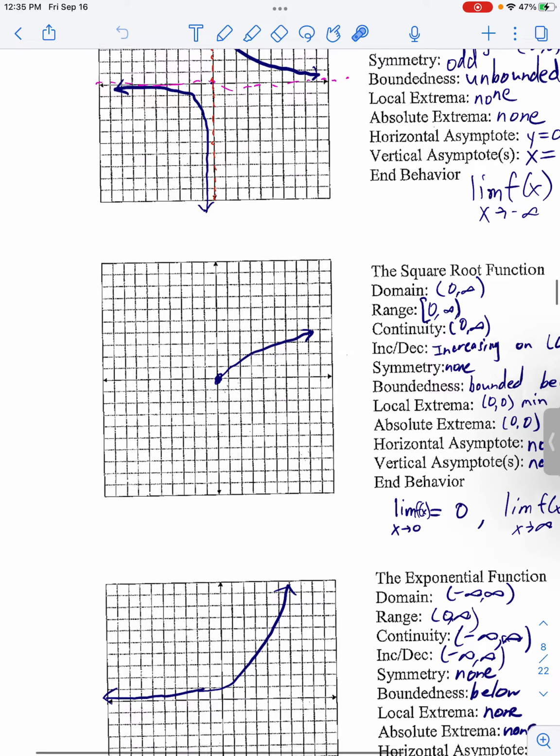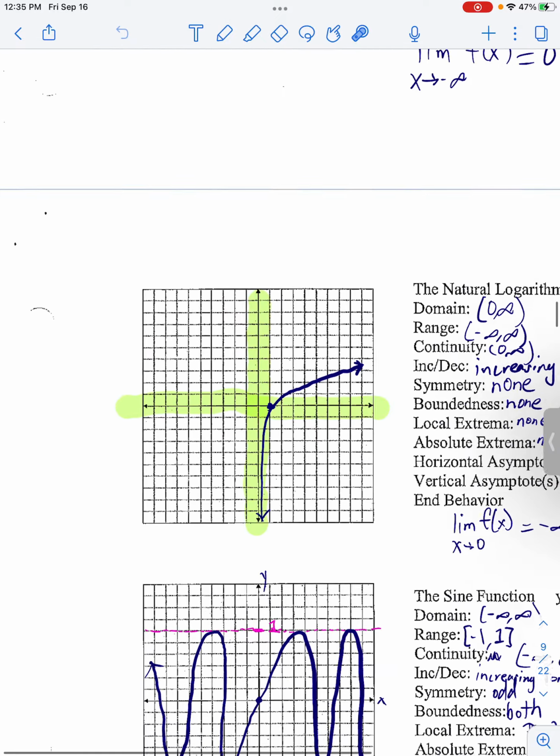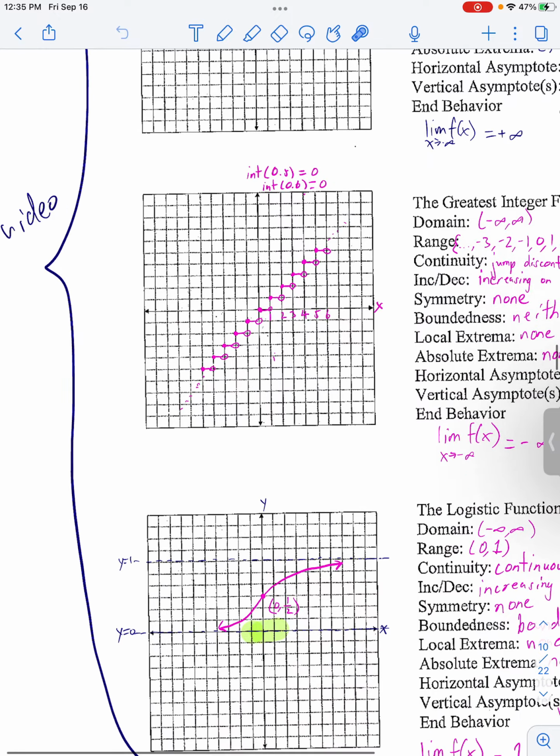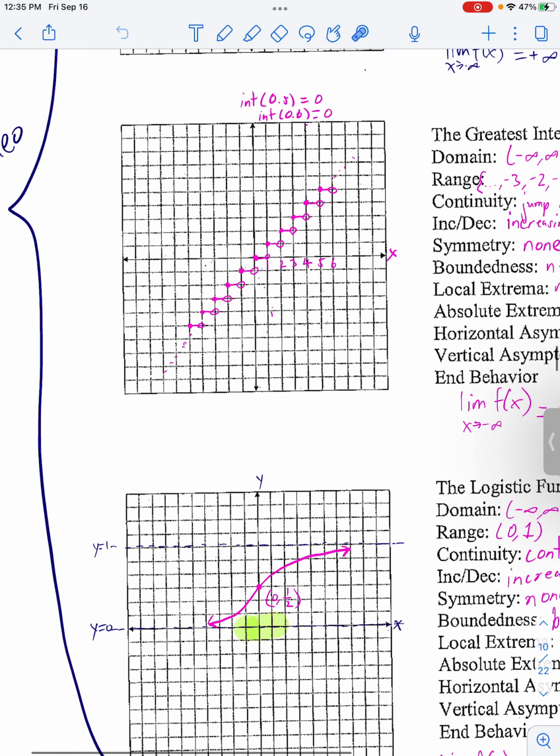What else? The int function. As x goes to the left forever, we go down forever, okay, in a stepwise manner.